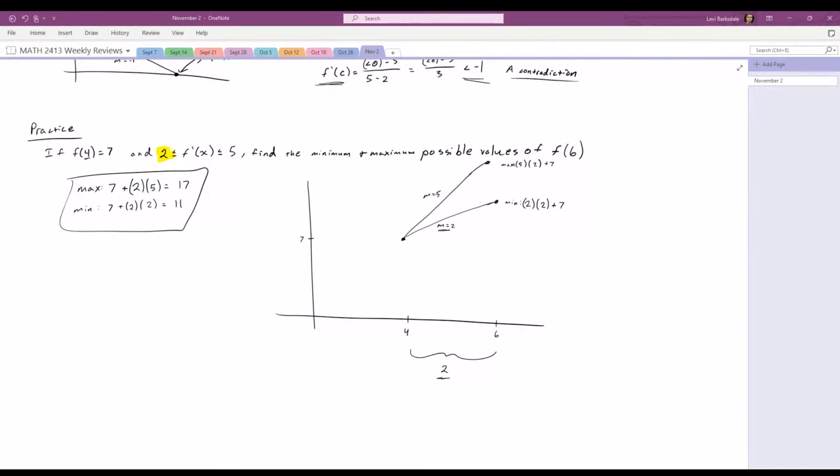Does that make sense? I don't know how it's actually taught in your lectures. This is the way that I've always done it, just because it seems intuitive to me. So this is just kind of the way that I like to think about it.